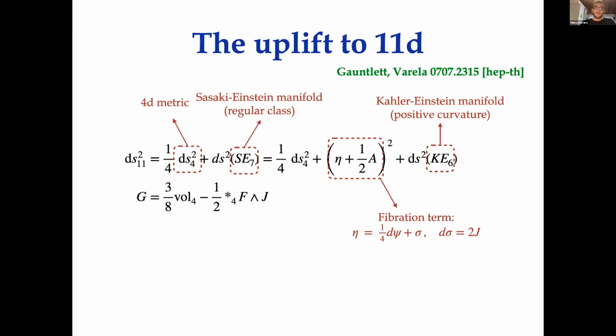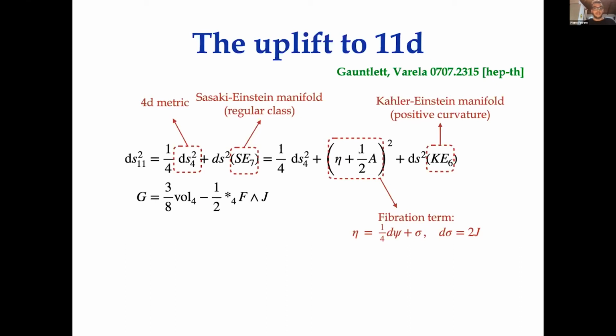Let me explain briefly how this idea of uplifting and regularizing works. For the uplift, I will consider this ansatz, which comes from a paper by Gauntlett and Varela from 2007. The metric in 11 dimensions is given by the 4-dimensional metric, and then we uplift on a Sasaki-Einstein 7-manifold of the regular class.